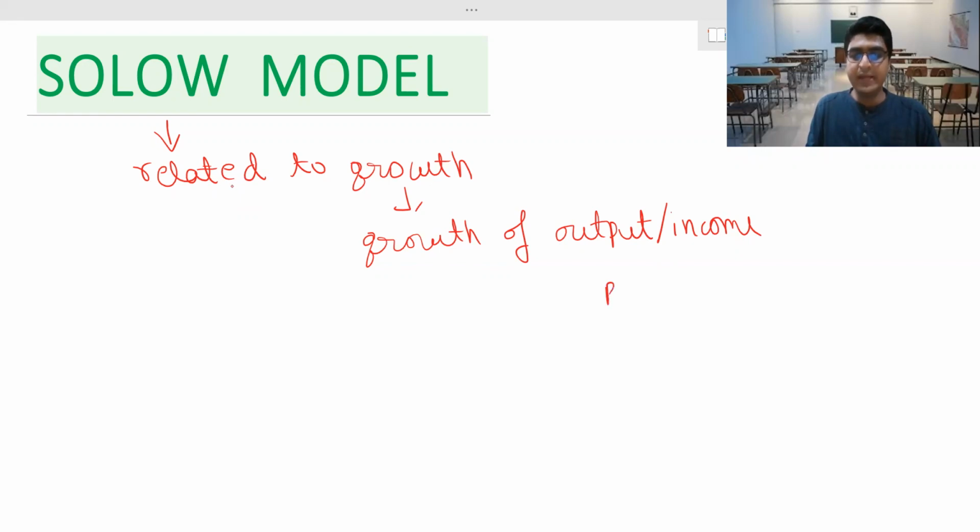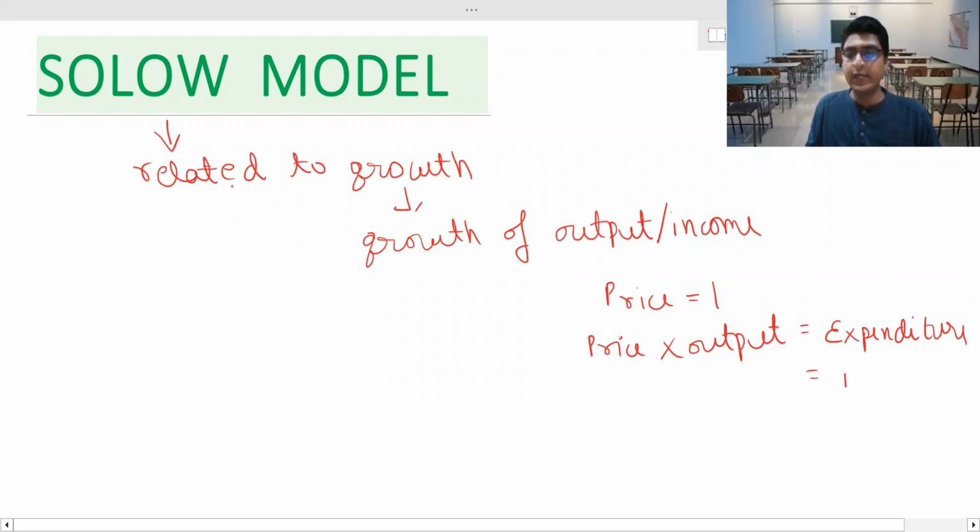If the price of everything is equal to 1, then if you multiply price with output, it will be equal to total expenditure, and it is equal to total income because someone has spent that money on that expenditure, right? So price into that output is equal to expenditure, which will actually be equal to the income of all the people in the economy. Okay, so since price is assumed to be 1, output ultimately becomes equal to income.